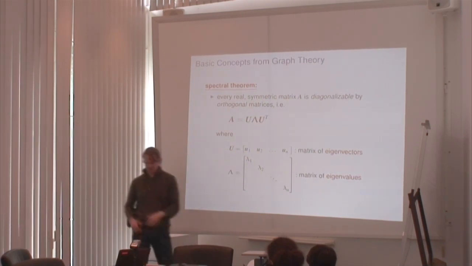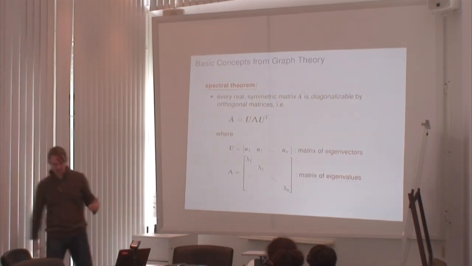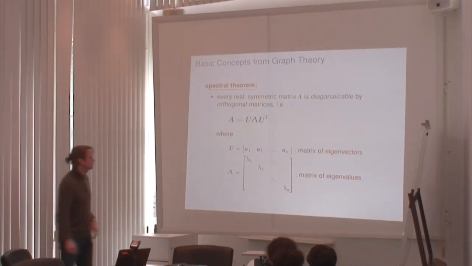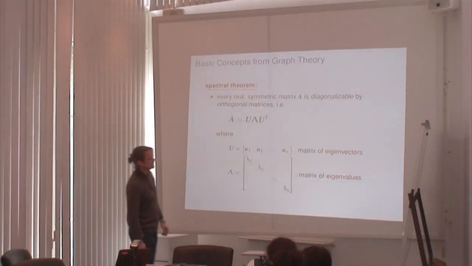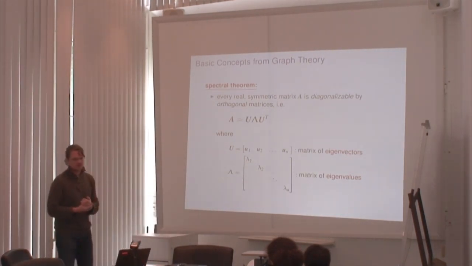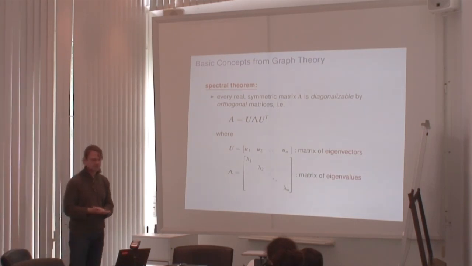The only elements in lambda that are different from 0 are found along the diagonal: lambda 1, lambda 2, all the way to lambda n. And these elements are called the eigenvalues of A.